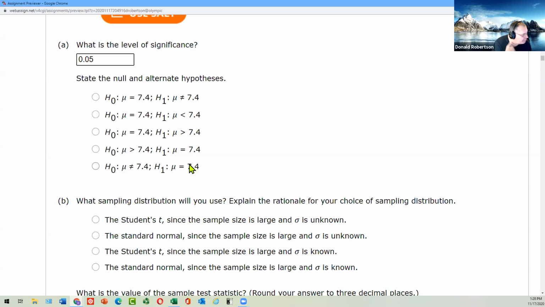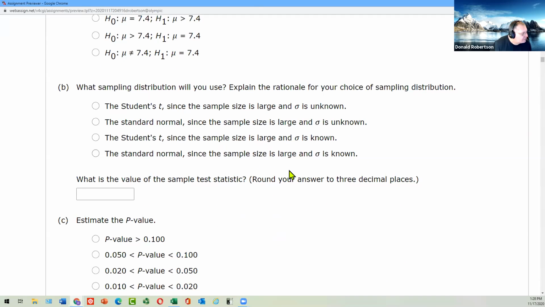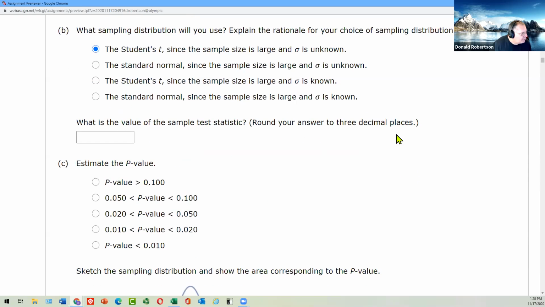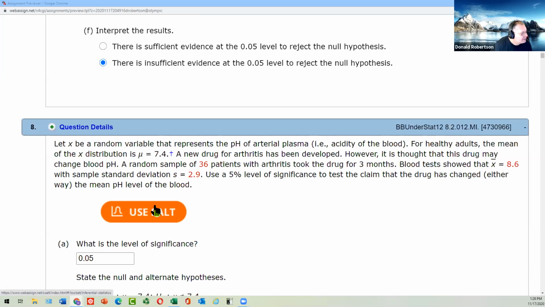And the one that we're going to pick is the equal, not equal to one, which is the top one. Can we do this? Well, yes, we can. I'm choosing that one. Now, they want us to get the value of the sample statistic. That is them wanting you to tell me what the T number is, and then what p-value. So time to start putting the numbers in.